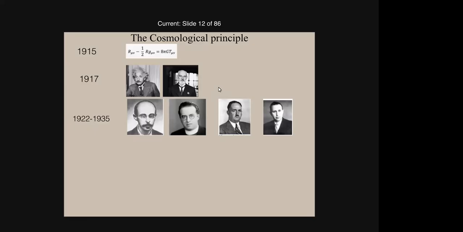And then later on, Robertson and Walker, who basically were not even physicists, they were mathematicians, wanted to show what is the most general solution for an expanding, homogeneous and isotropic universe. And they showed that the Friedmann-Lemaitre metric is actually the most general solution for this special requirement on the Einstein equation.